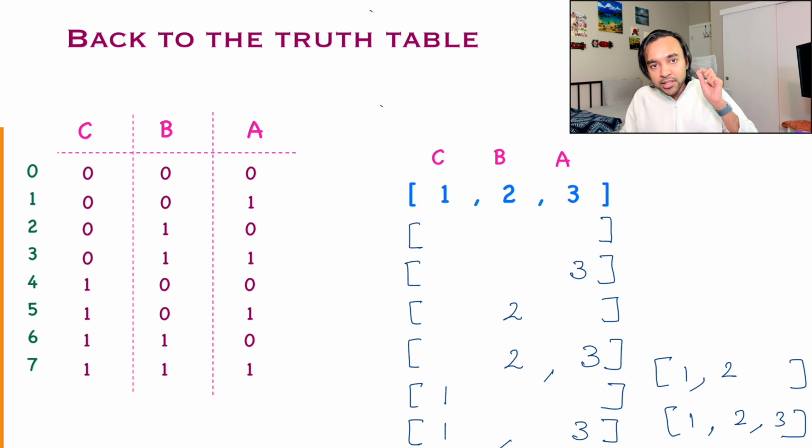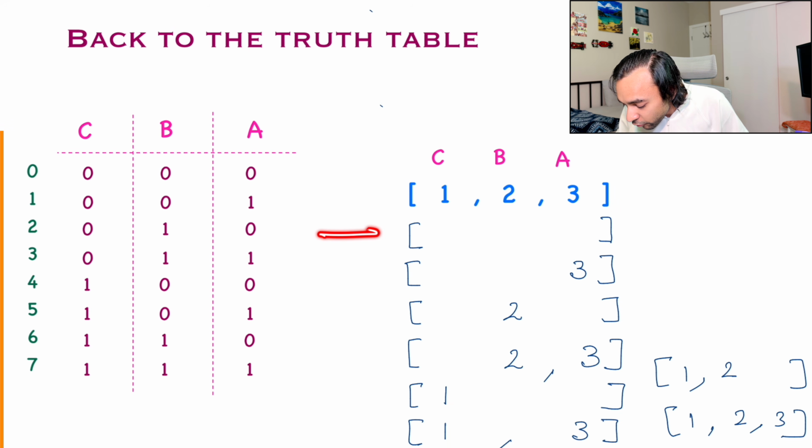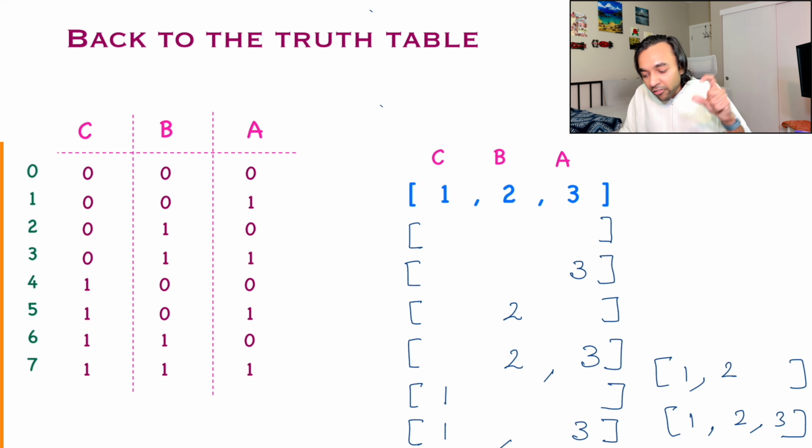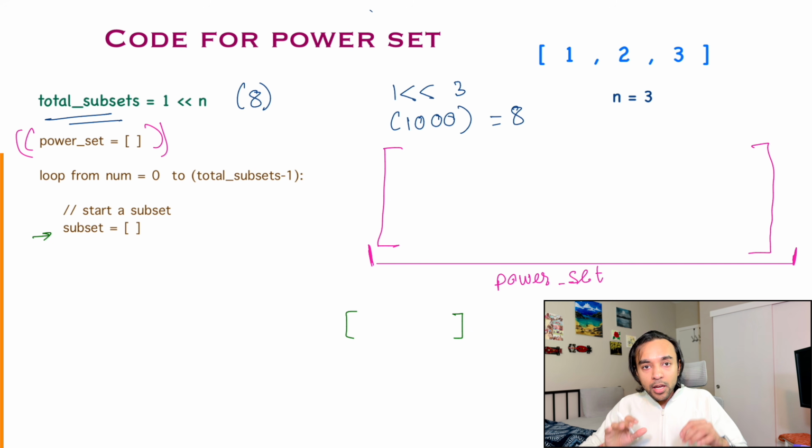So what were you doing? You were doing this for each of the 3 bits, correct? Check out once again. What were you doing? For each of these subsets, you were checking each of these 3 bits. If a particular bit was set, then you set the value, otherwise you left them out, correct? So we are gonna follow the same approach over here.